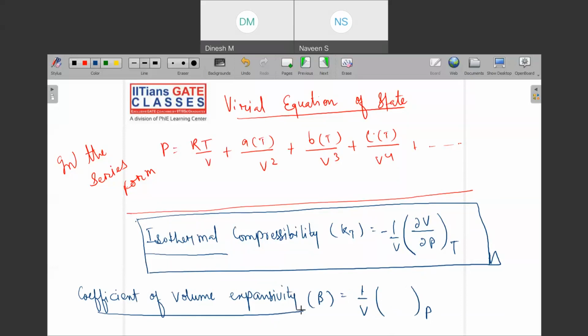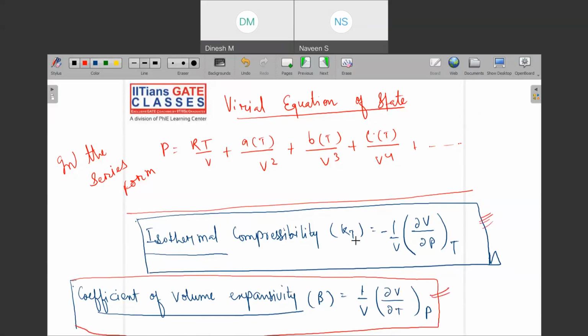If you are expanding your volume, this is the coefficient which helps you determine it. Only the remembrance of this would help. There is a huge derivation, but it is not required as of now. So we should know these two.